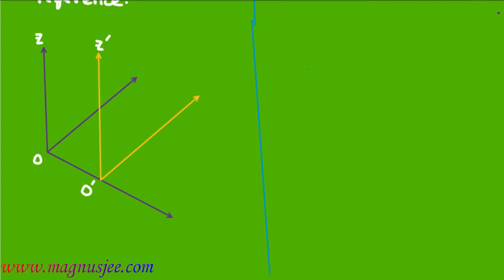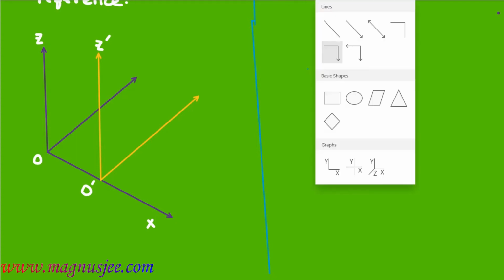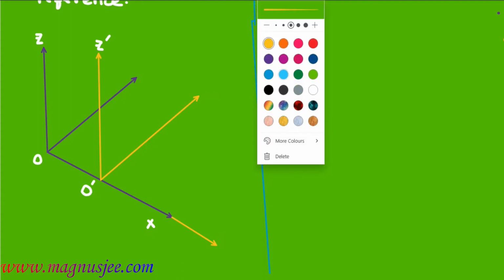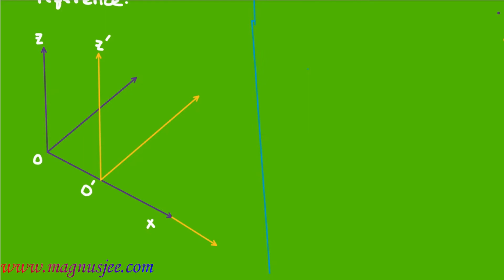O and O prime are the origins of the two sets of axes. We can extend this axis, that will be the x-axis of the frame of reference which is assumed later, that is x prime, and then y and y prime, and this extended axis is x prime.